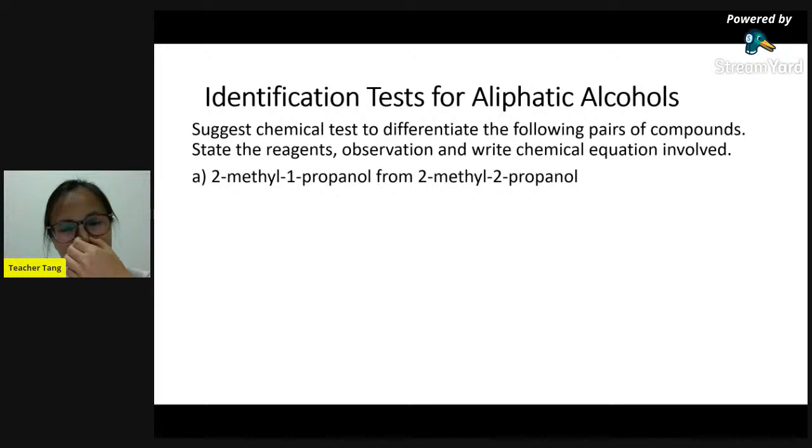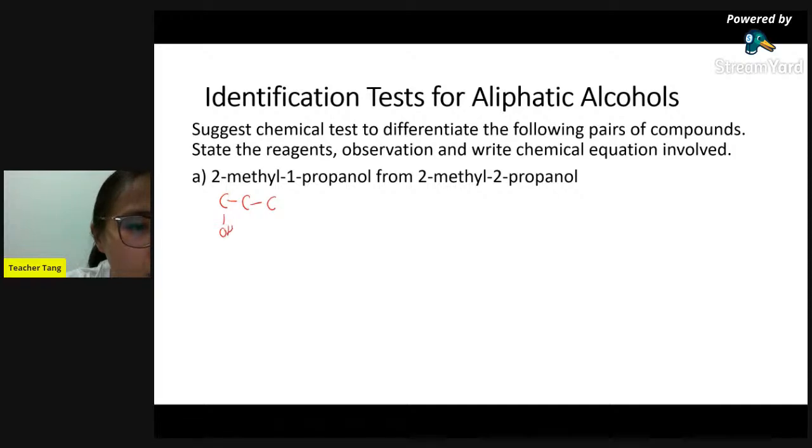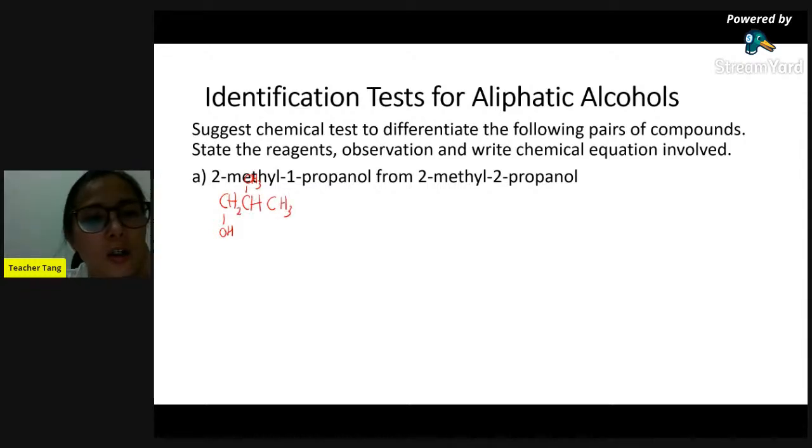Okay, so now we move on to look at an example question. How can we differentiate 2-methyl-1-propanol from 2-methyl-2-propanol? So we can draw first. Propanol, 3 carbons, 1-propanol. So 2-methyl. So CH3, CH, CH2.